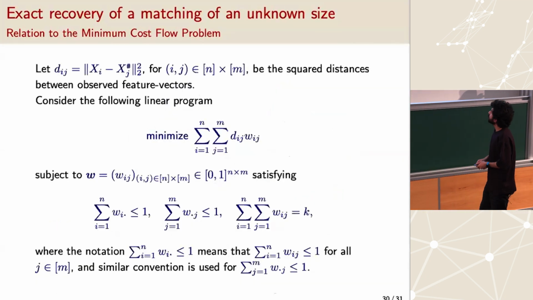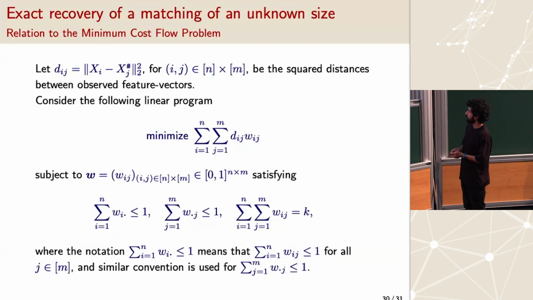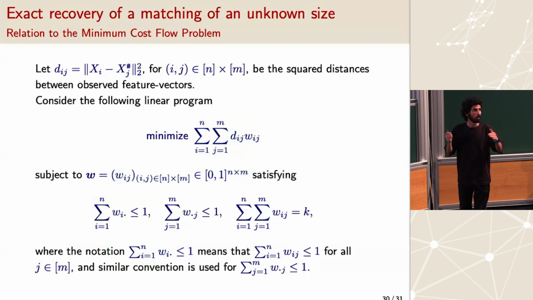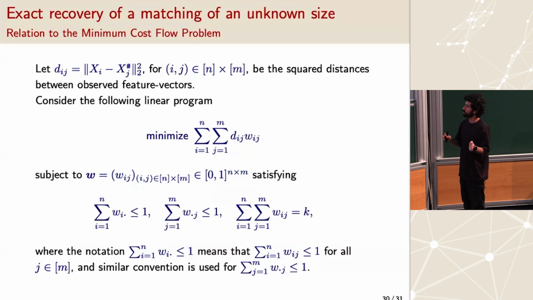Finally, to give you a more mathematical formulation of this minimum cost flow problem and why it can be solved efficiently, notice that it is actually a linear program. We have our d_ij, which are the distances between our observations, and we minimize this sum with respect to the w's, where the w's are ideally 0 or 1, but we relax them to be real numbers from 0 to 1.